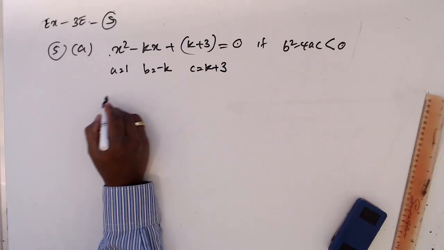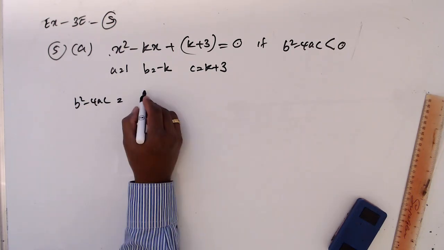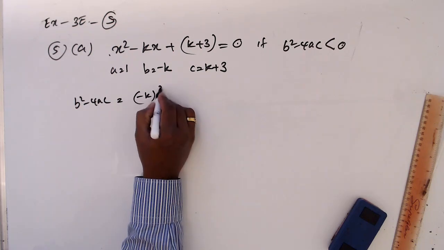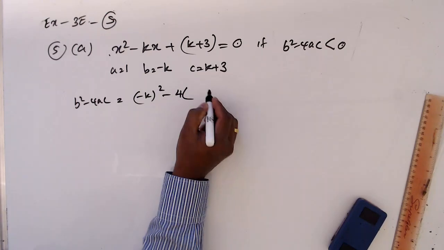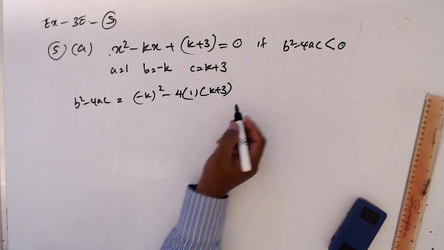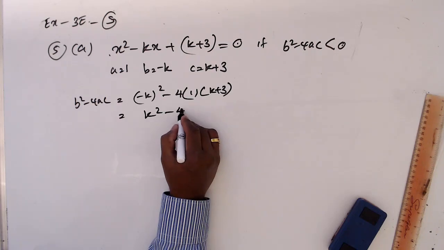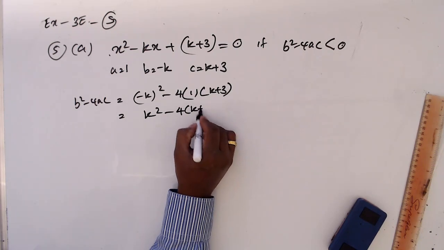Now b square minus 4ac equals minus k square minus 4 times 1 times k plus 3, equal k square minus 4 times k plus 3.